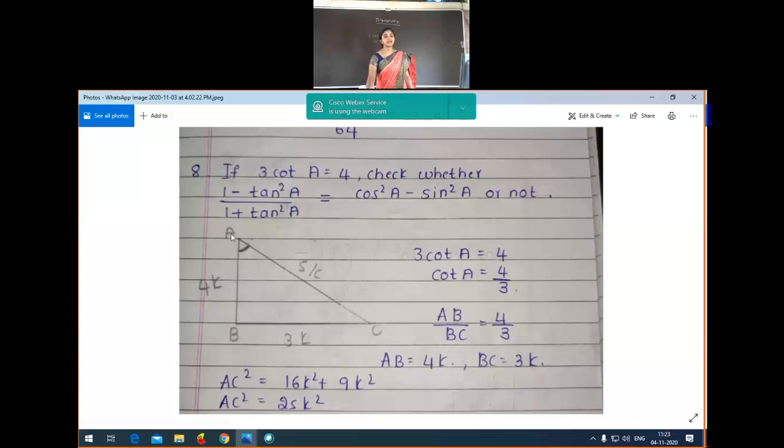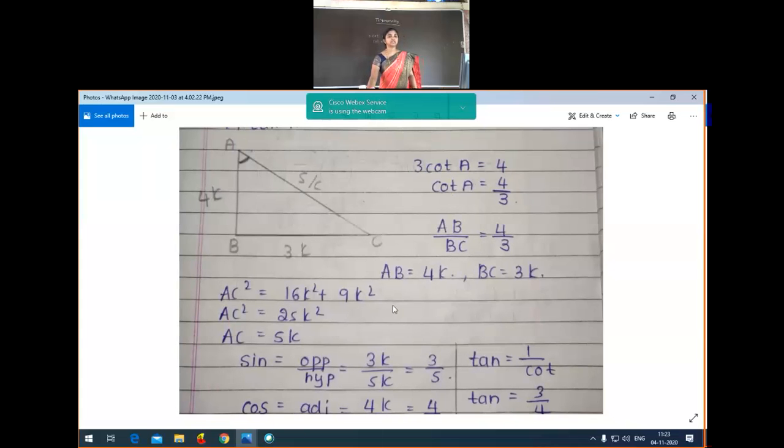Using Pythagoras theorem, we find AC. AC square is equal to 16K square plus 9K square, that is AC square is equal to 25K square, AC is equal to 5K. 4, 3, 5. We got the three sides.